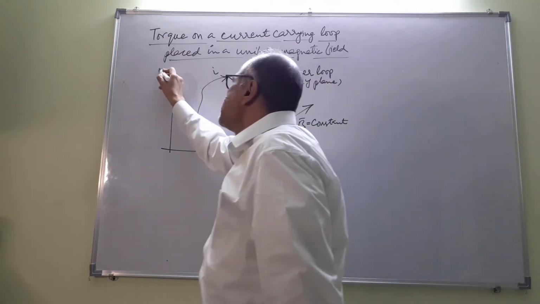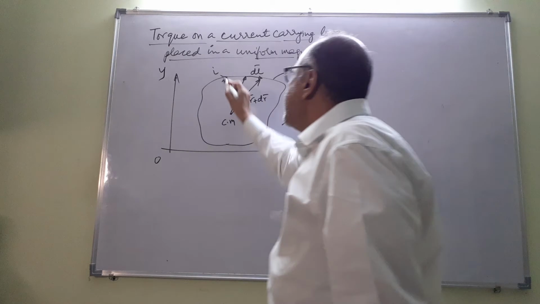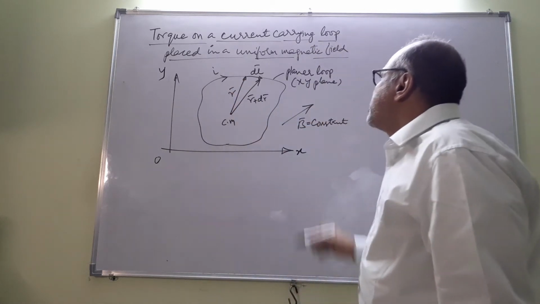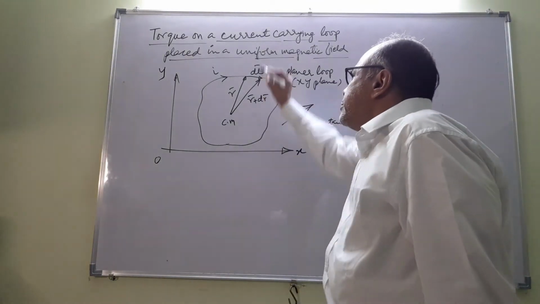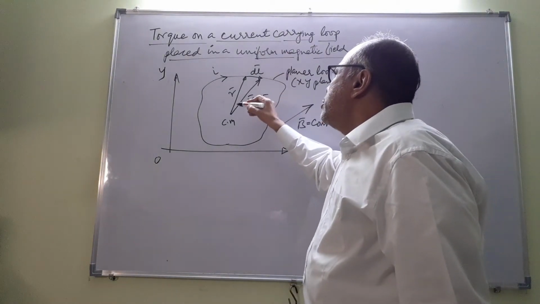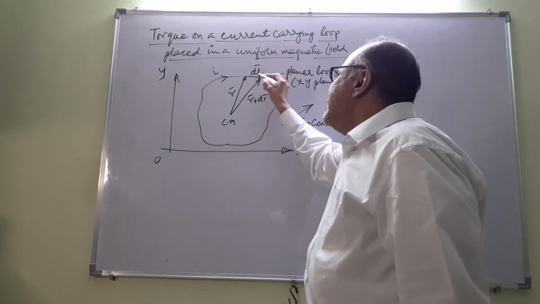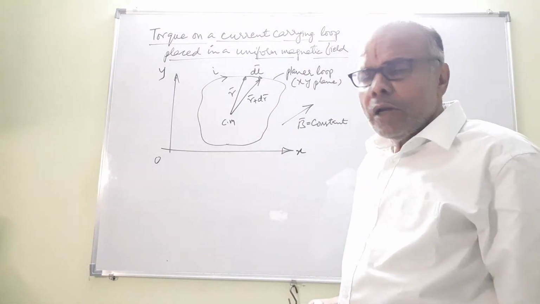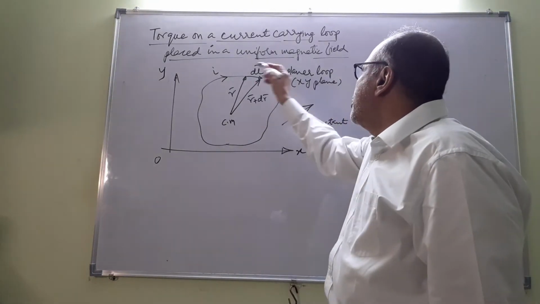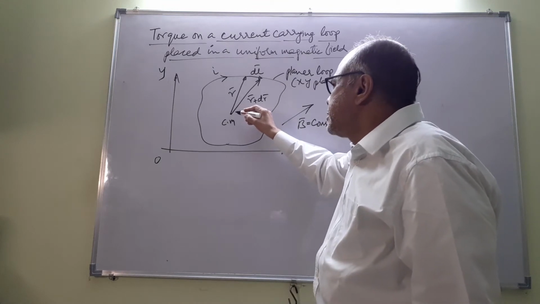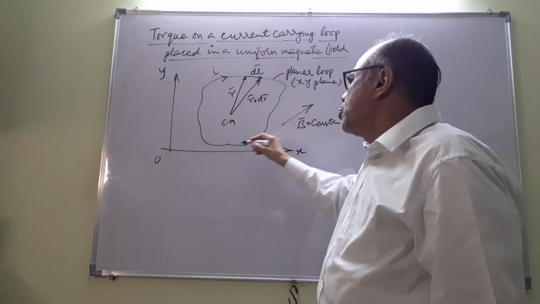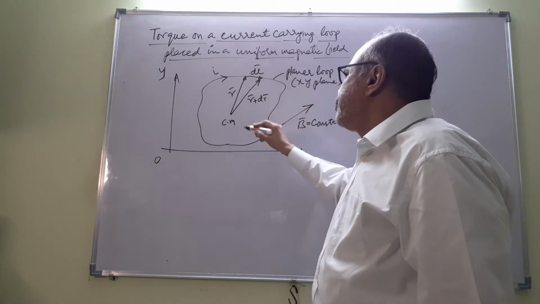This is x, this is y, O, and I is the current. It's a planar loop in the xy plane, and I've shown a small element dl of the loop and the position vectors from the center of mass of the loop.